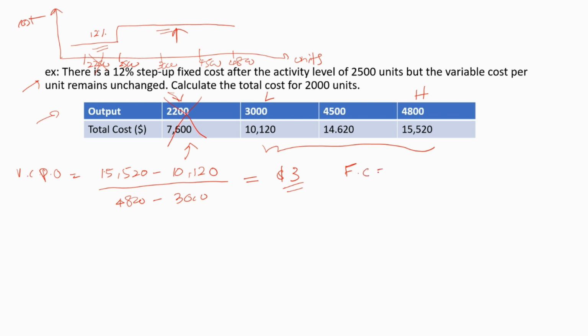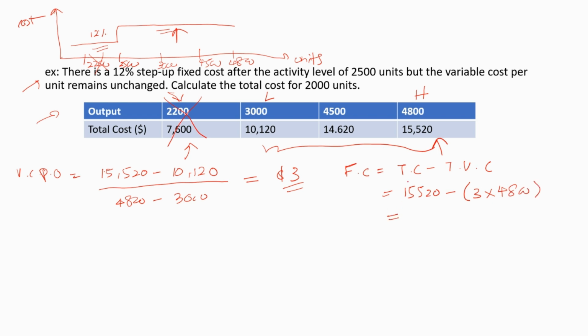Now let's calculate the fixed cost. Fixed cost is equal to total cost minus the total variable cost. For the total cost, let's select the total cost for the highest activity level, which is 15,520, minus the total variable cost, which is 3 multiplied by 4,800.